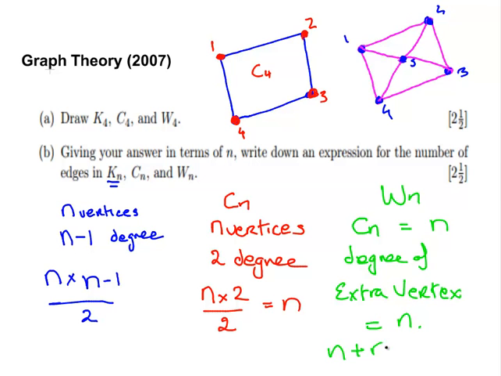So you actually have n plus n, and that is equal to 2n. In this case we're only counting the extra edges once. We're looking at it in the context of, first off, the Cn part, and then from the point of view of the extra edges from the extra vertex. So anyway, that is types of graphs. That's 2007 graph theory.